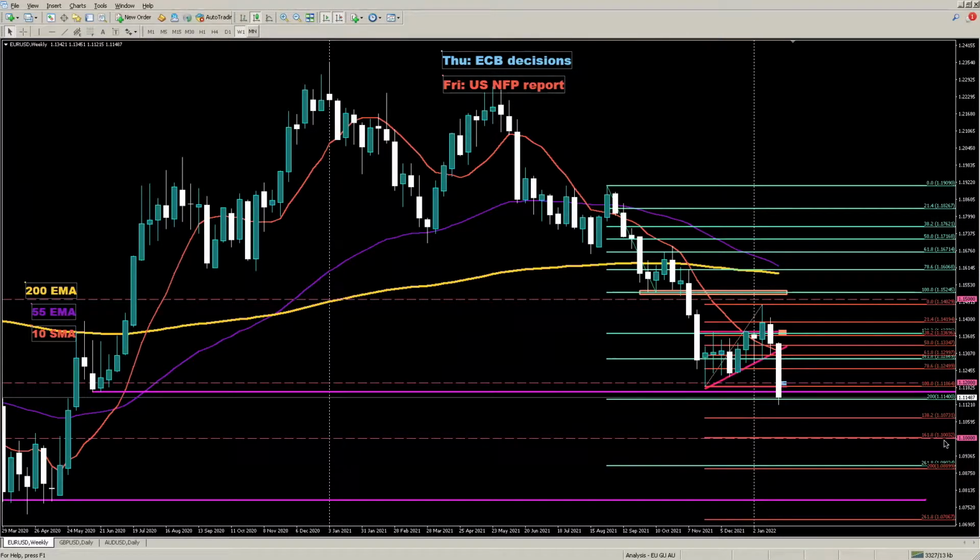That's at the 110.03 level. So it looks likely that if there's a bearish continuation move, then it could dip down to the 110 level.